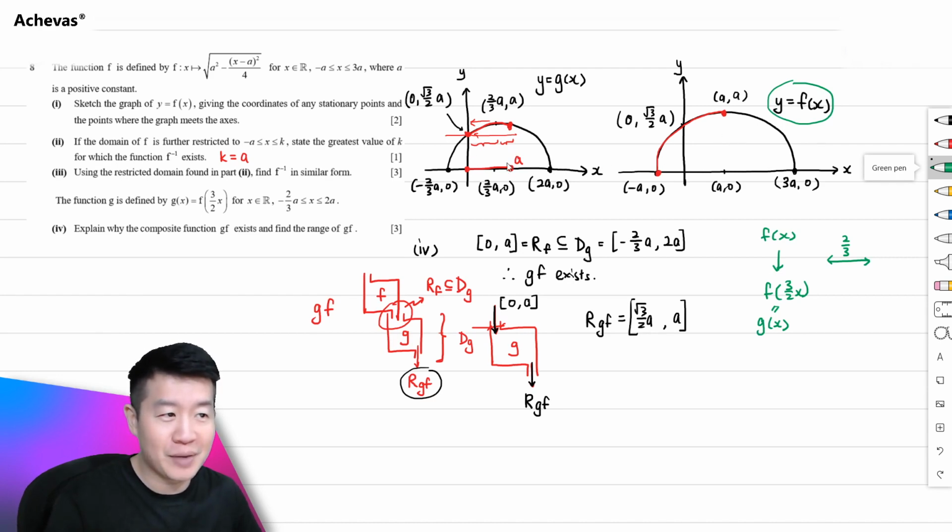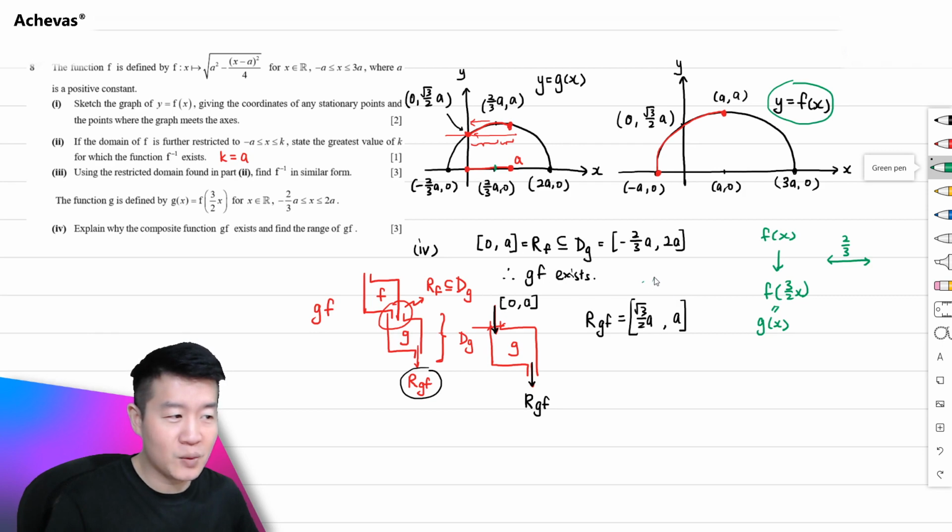Or a better phrase will be scaling it by 2/3. So we get this as the center, and then this scaling it by 2/3. This we also scale it by 2/3. So all the x coordinates are scaled, the y coordinates remain exactly the same.